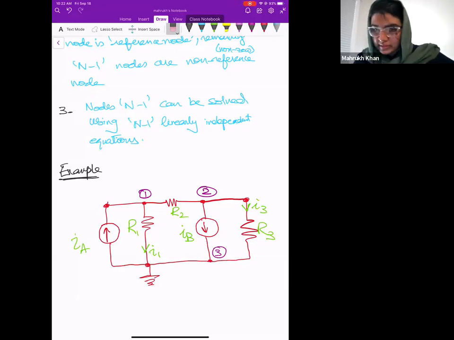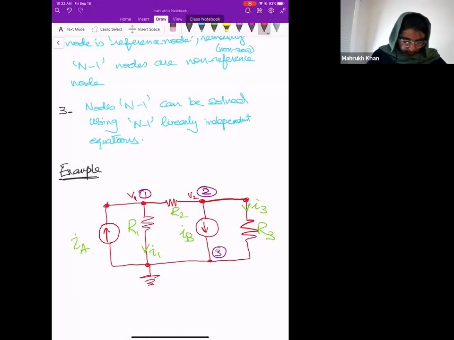And this whole ground is 1 node, okay? So I will define that this is V1 here in this node, and this is V2 here at that node, okay?